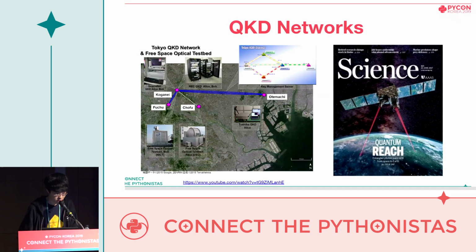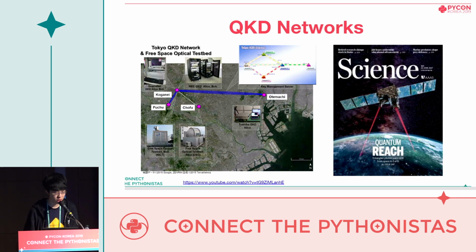I don't think QKD is really popular for everybody, but there are some interesting experiments using QKD. For example, Japan made the Tokyo QKD network for quantum encrypted communication, and China succeeded in making encrypted quantum communication with their satellite.